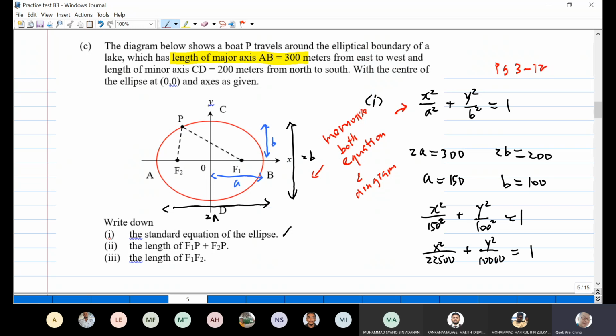So this is question B3 part C. Okay, I changed the original practice question B3 to the ellipse question now.